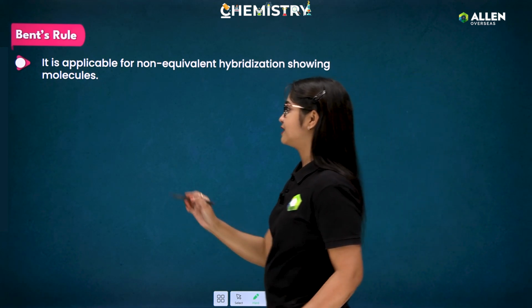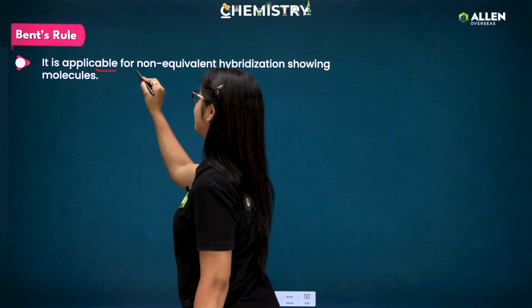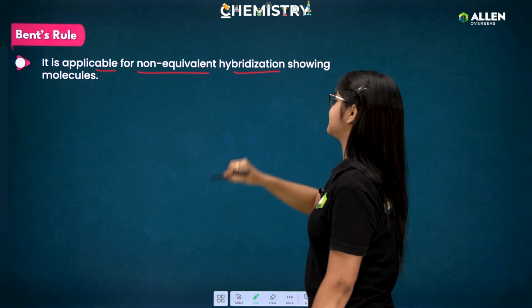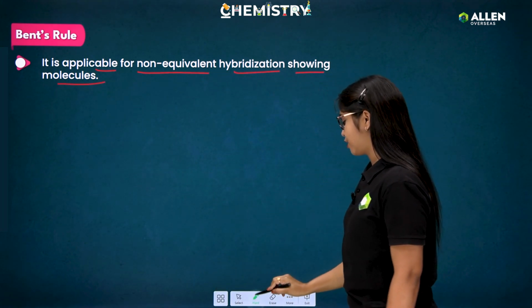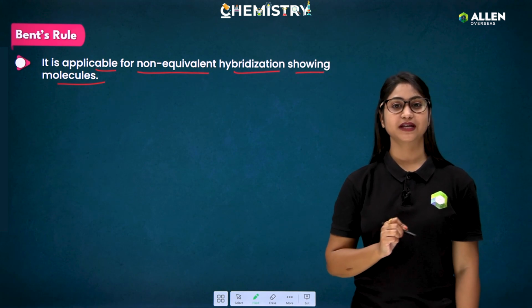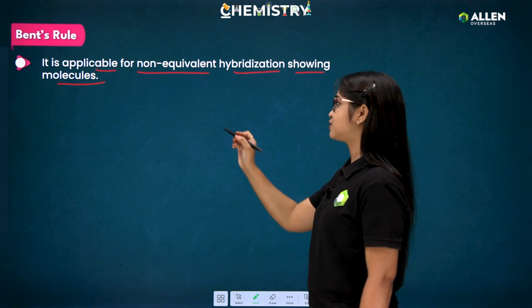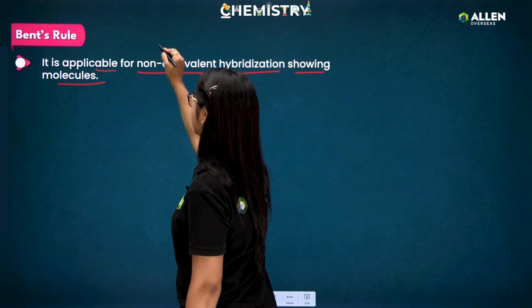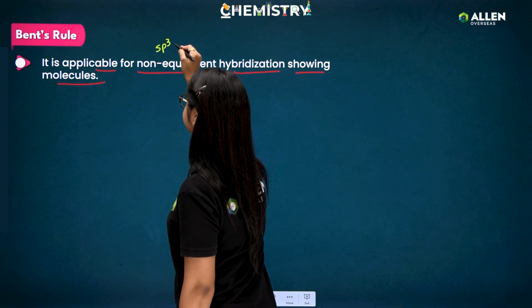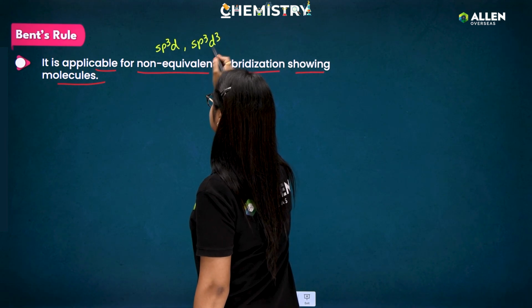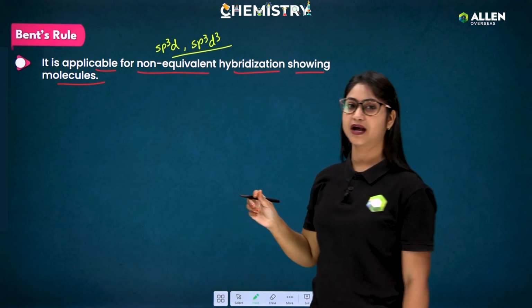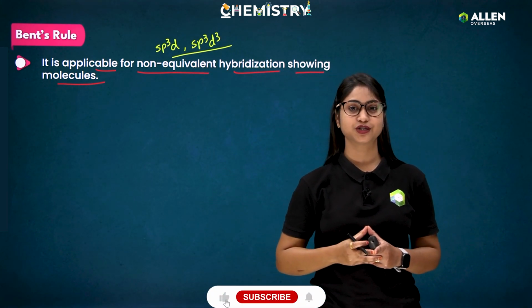So first of all, this rule is applicable for non-equivalent hybridization showing molecules. So first of all, the question is, what is non-equivalent hybridization? If we talk about the hybridization, basically the sp3d and sp3d3 are the hybridizations which are themselves non-equivalent in nature.